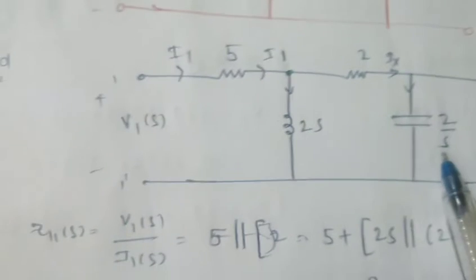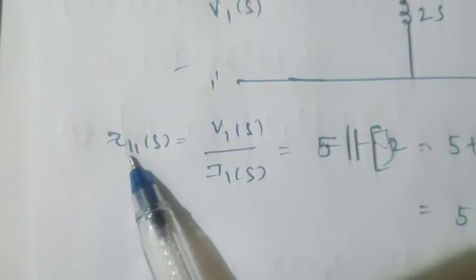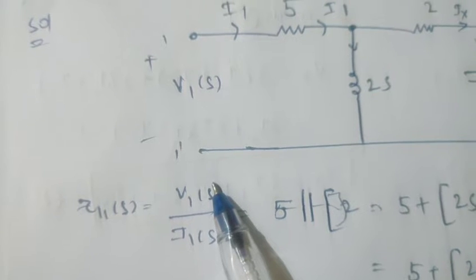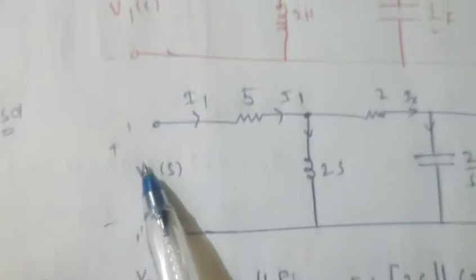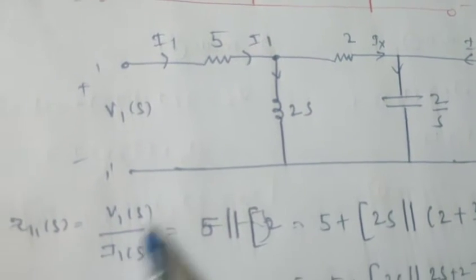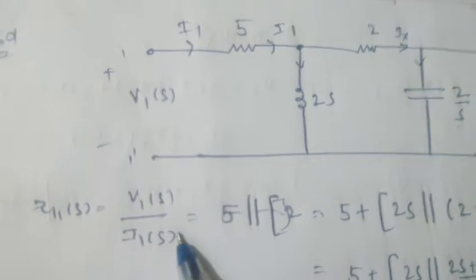Here we have to find the driving point impedance. Driving point impedance is nothing but input voltage by input current, V1 of S by I1 of S. By the application of KCL or KVL we can get it, or we can directly take the impedance value.